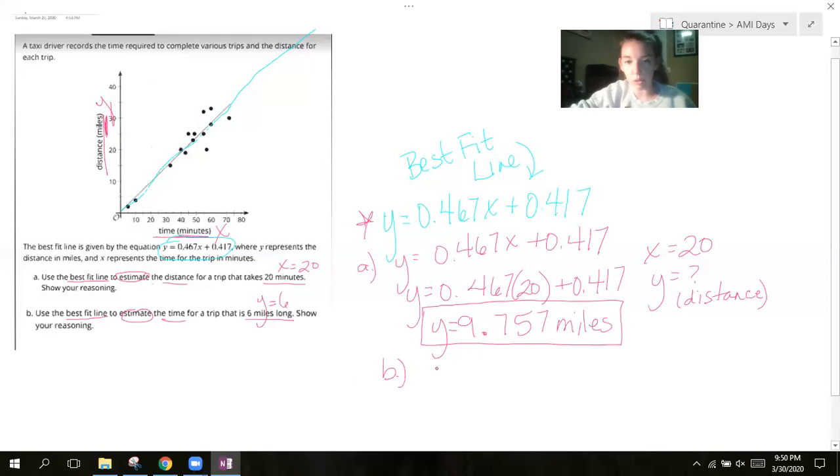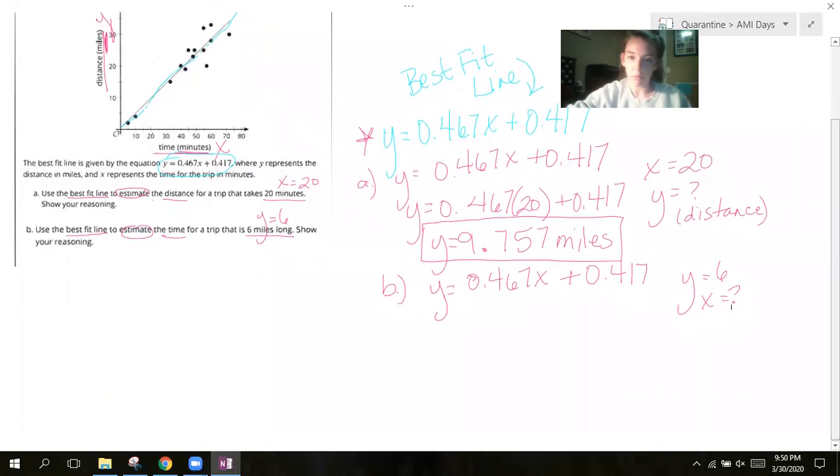So we're going to use that same equation that we used in part A. And we know that our y value equals 6. And this time we are solving for our x value. Okay, so I'm just going to substitute that 6 in. So now that 6 is going to be where my y is.